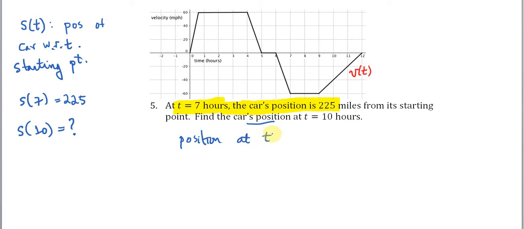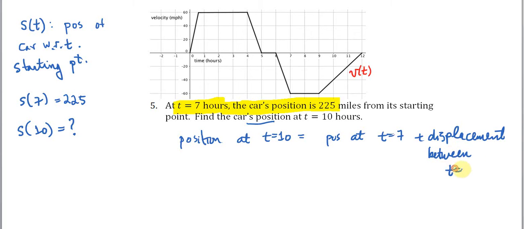The position of the car at t equals 10 is equal to the position at t equals 7, plus the displacement between 7 and 10 hours. Where you are located is really your displacement between two times plus your position at the first time.